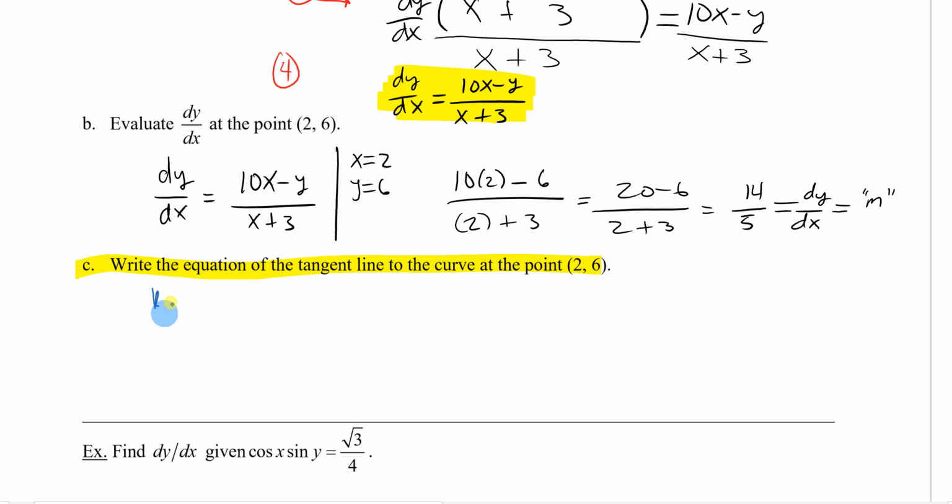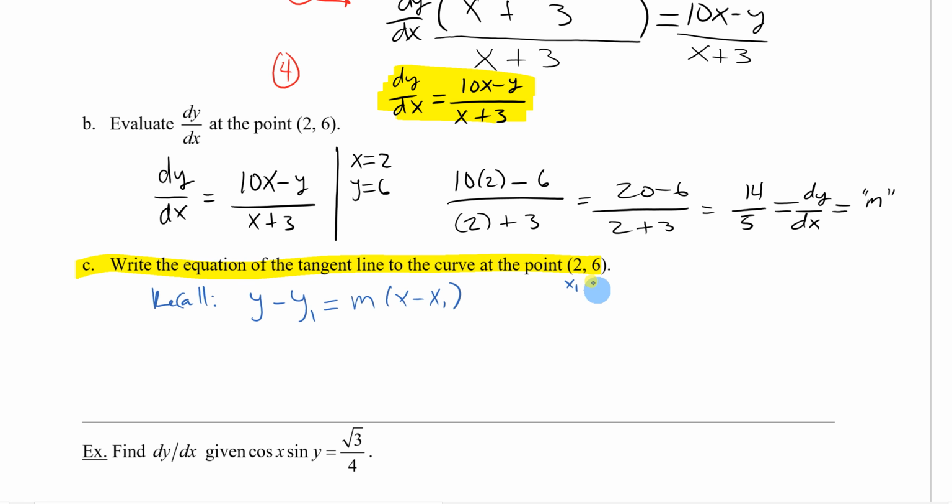So recall that the linear form that you want to respond in is the point slope formula, because I could just get the points from here.